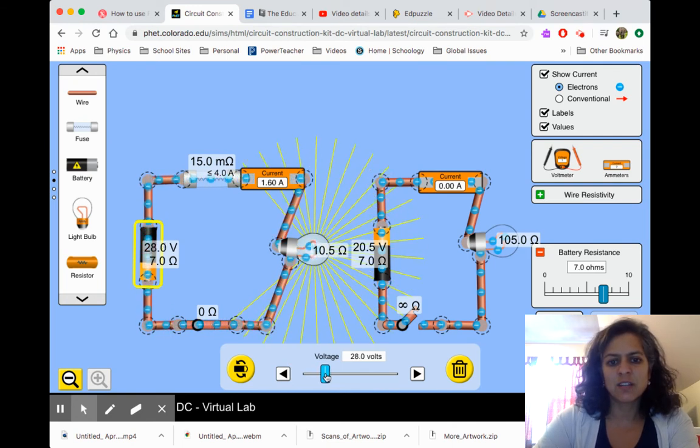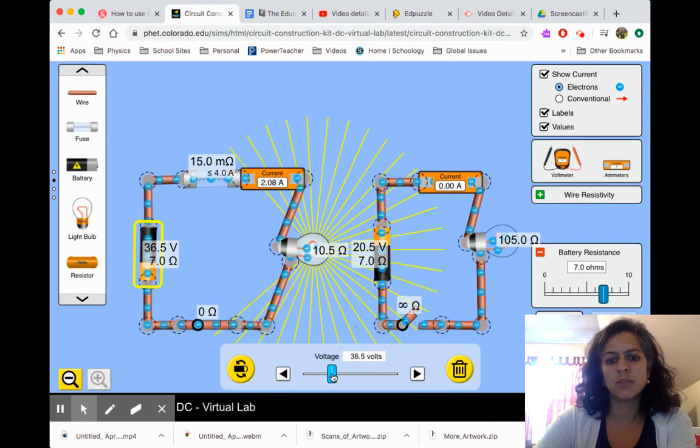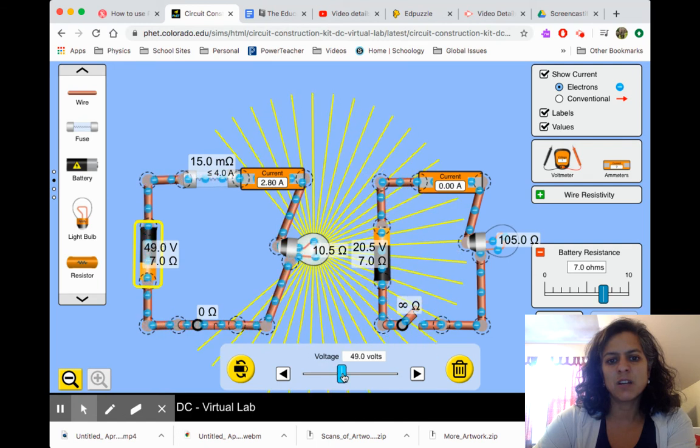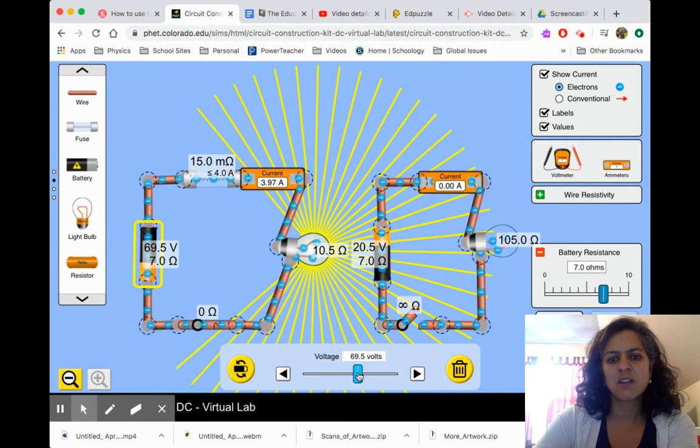Notice now as the current and the voltage go up, the brightness of that bulb goes up. It's getting bigger and bigger. And when the current exceeds, it's about to exceed it now, when it exceeds 4 amps, watch the fuse. The fuse is going to, we say the fuse blows.